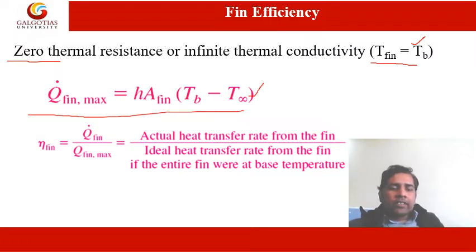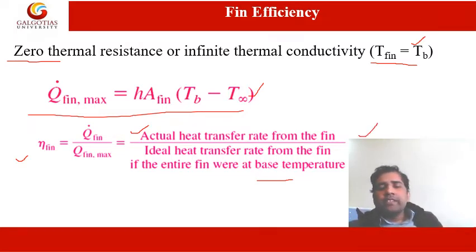Now, what is the fin efficiency? Let us now define the fin efficiency. As earlier discussed, fin efficiency is the ratio of actual heat transfer from the fin upon ideal heat transfer rate from the fin if the entire fin were at the base temperature. If the temperature at every place of the fin is equal to the base temperature, then this will give us the ideal heat transfer, but the actual heat transfer is less than the ideal heat transfer.